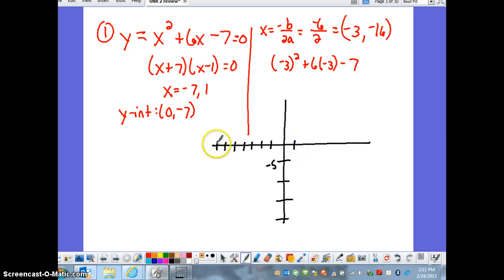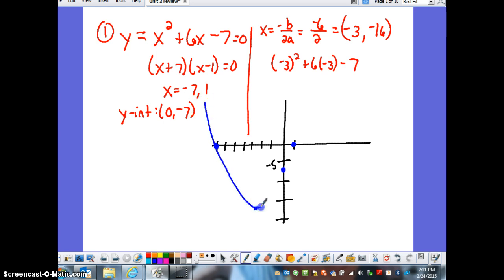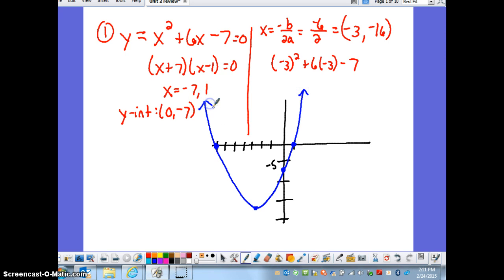So when I graph this, there's my -7 and my 1 for my x-intercepts. My y-intercept was at (0, -7), so that'll be right there between the -5 and the -10. And then (-3, -16) puts me down here for my vertex. Draw, remember, make sure it is a smooth curve that is continuous. That is your answer for number 1.